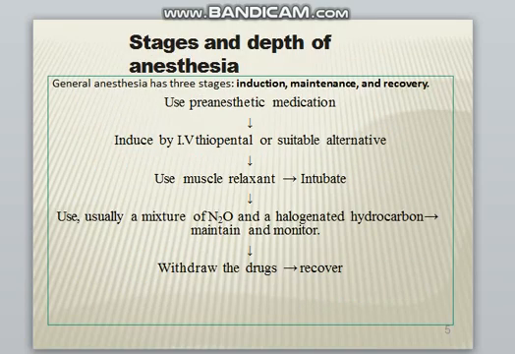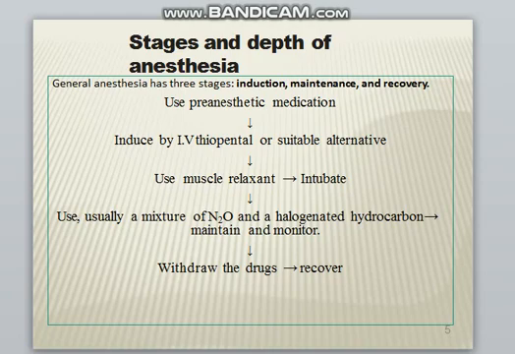These are the stages and the depth of anesthesia. General anesthesia has three stages: first is induction of the anesthesia, then maintenance of the anesthesia, and the recovery from the anesthesia. First of all, we give the pre-anesthetic medications, and induce by IV thiopental or a suitable alternative.